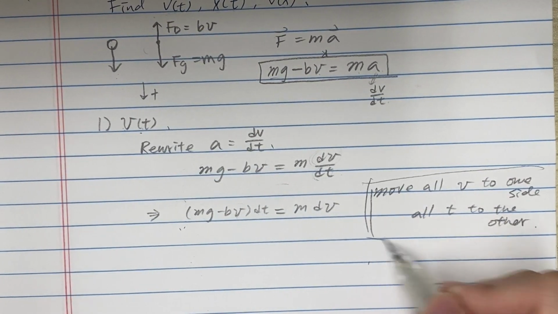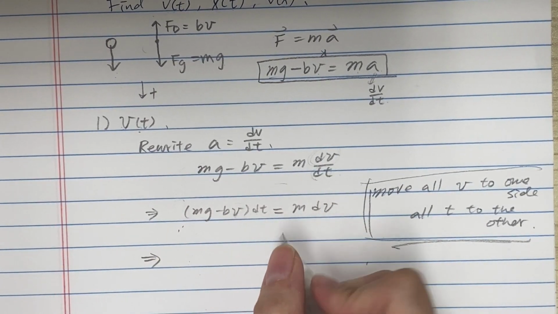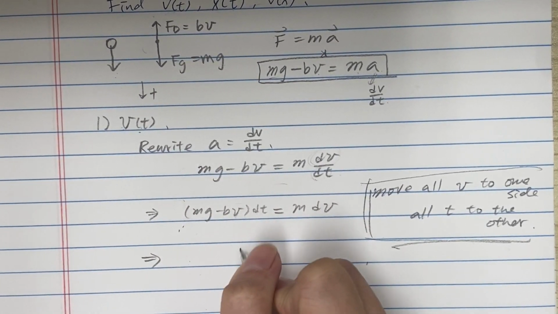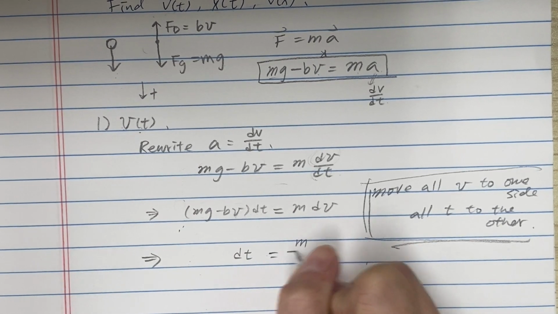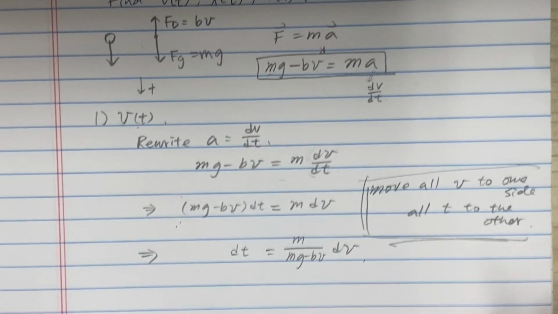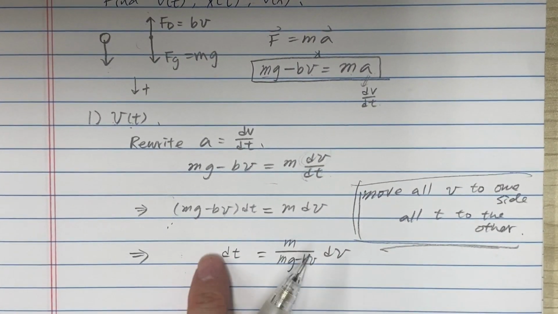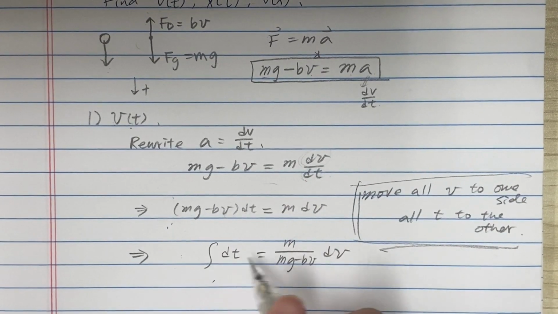I'm going to move this to the right by dividing on both sides. Now I have all the v dependence here and all the t dependence here, which has no dependence really, so I will just integrate it out.